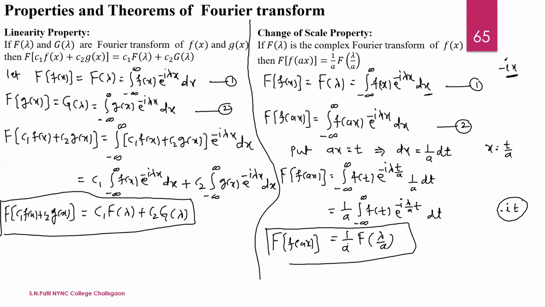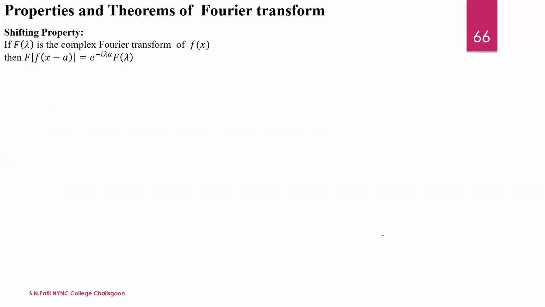Now see, the second property is the shifting property. If the Fourier transform of f of x is capital F of lambda, then the Fourier of f of x minus a, that is the shifting in domain, is equal to e to the power minus i lambda a times F of lambda.